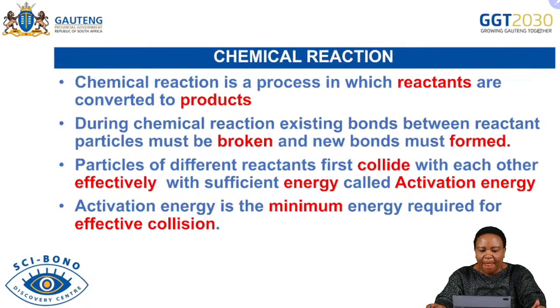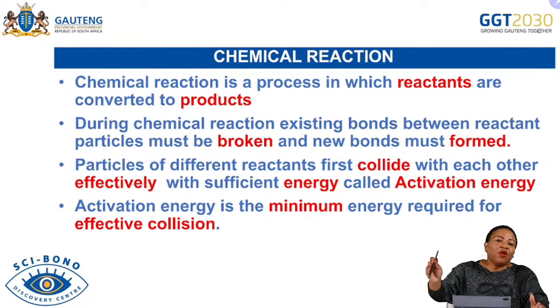We looked at the chemical reaction in totality: when you start the reaction, you only have reactants and no products. As the reaction proceeds, the reactants decrease in concentration, mass or volume, and the products start to increase as they are formed.